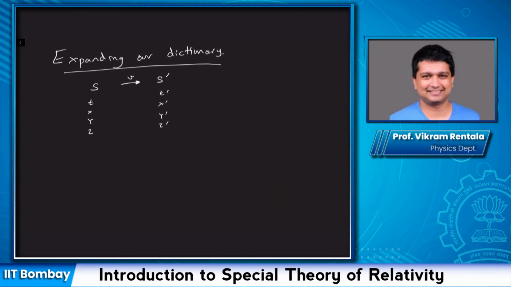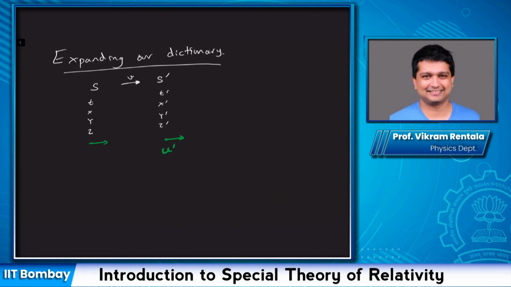Lorentz transformation. However, in Galilean relativity, we saw that there are more things that we want to derive a dictionary for. We need more words in which we can translate between the frame S and the frame S prime. For example, we might be interested in knowing if we have an object as seen in frame S prime, which is moving with a speed u prime, say, what does that velocity look like in the frame S?